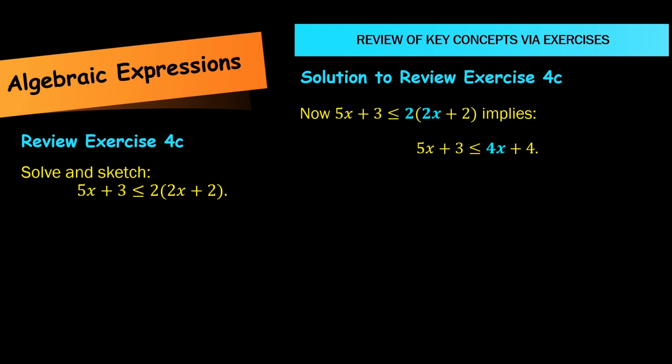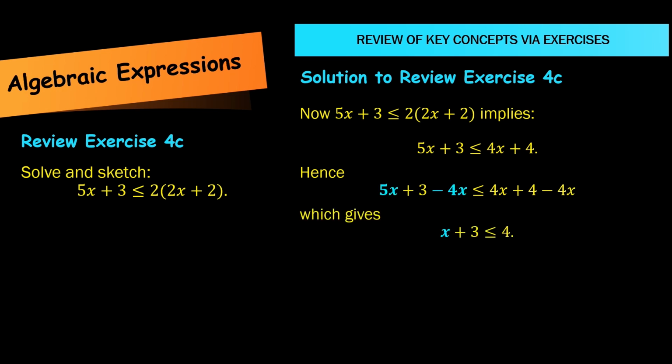If we subtract 4x from both sides, as shown, then tidying up gives us 5x minus 4x is x. The 3 stays as it is. 4x minus 4x cancels, and 4 stays as it is.